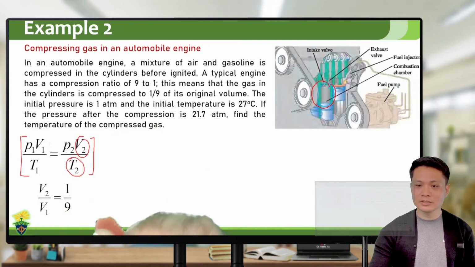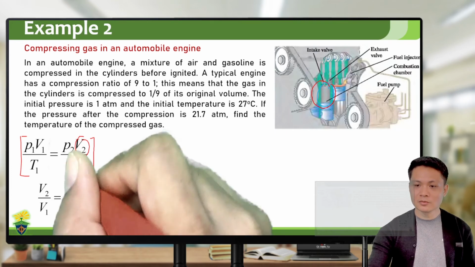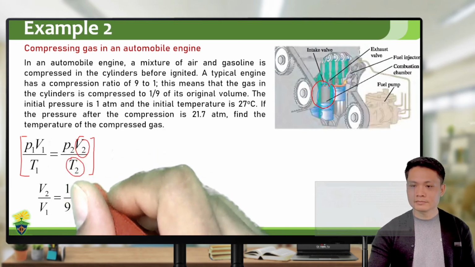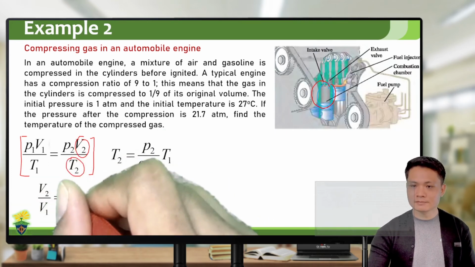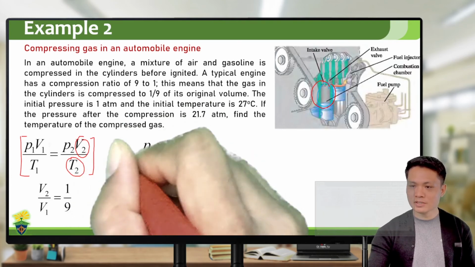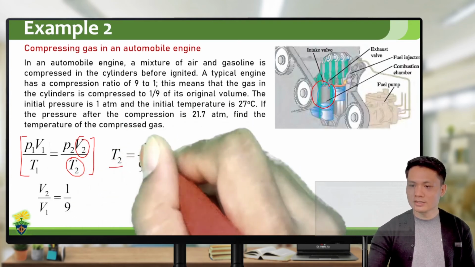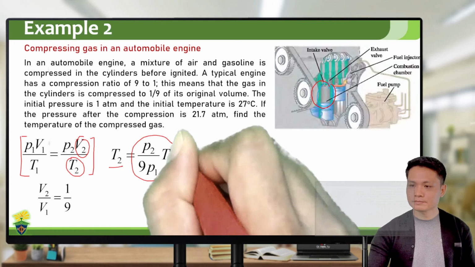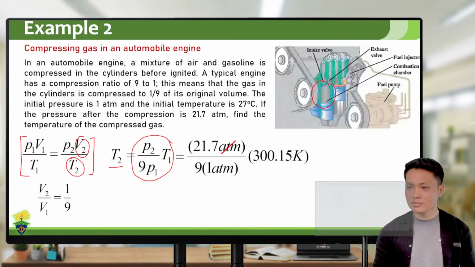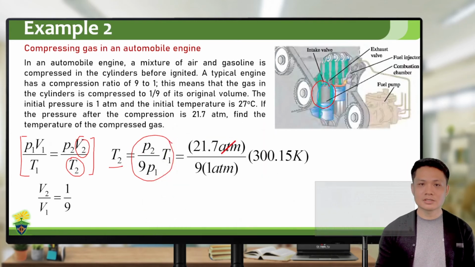The ratio of V2 over V1 is 1/9. And from this, we can have the expression of T2 to be this one. Then just plug in values. We have the final pressure, which is 21.7, and we know the initial pressure is just 1 atm.